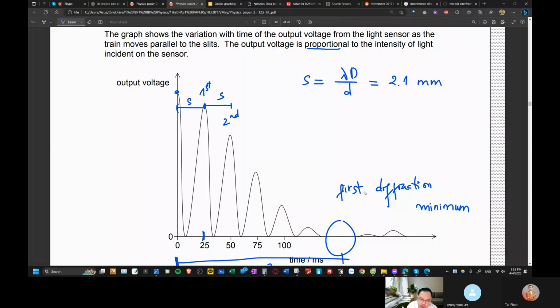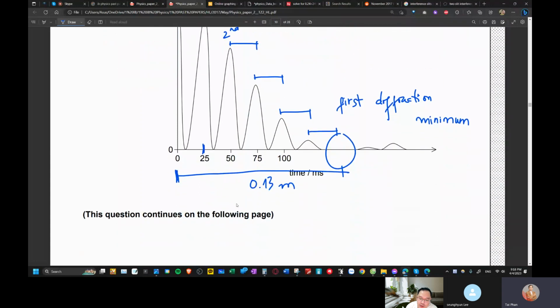Another s here, that is 3s, 4s, 5s, and 6s. 1, 2, 3, 4, 5, 6. So that is 6s. The distance 0.13 meter here is 6s.